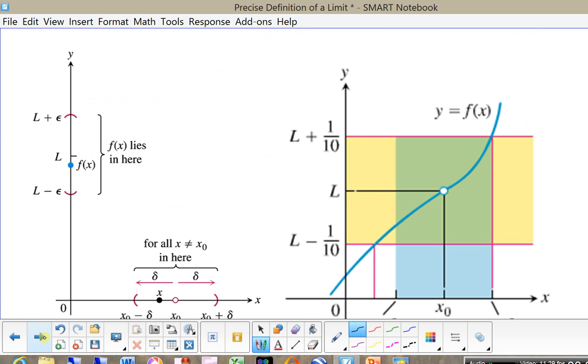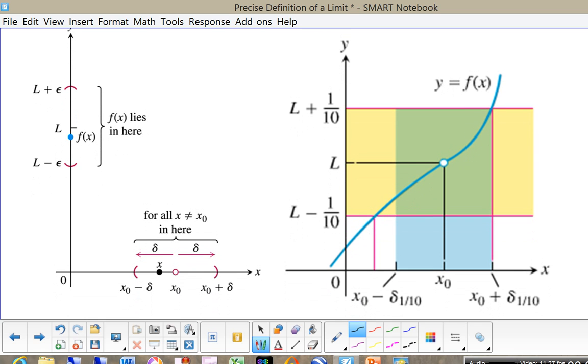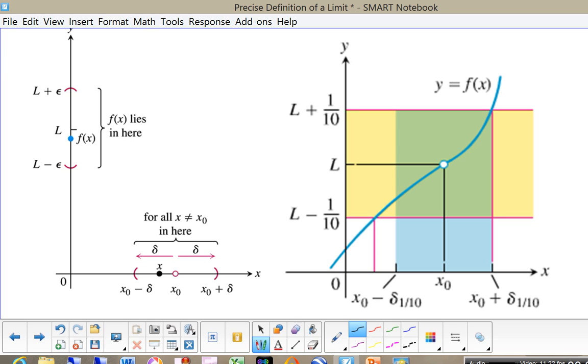Let's try to illustrate that a little bit here. Suppose that the limit of a function is L, and someone gives you an epsilon that could be very small.